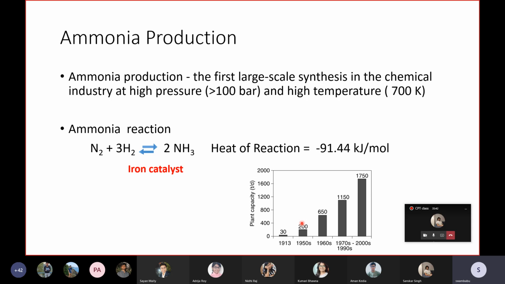And I'm sure you all know what royalties mean, right? Every single penny, every single rupee earned goes in a certain ratio to the inventors. So you can imagine 1750 tons per day over a year, how many tons, how much production cost of ammonia, and how much royalty is going to the family members of Haber and Bosch.